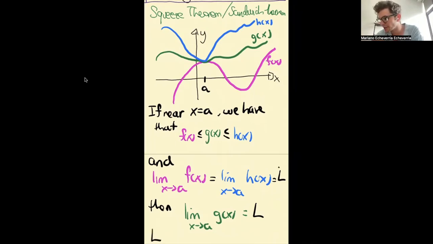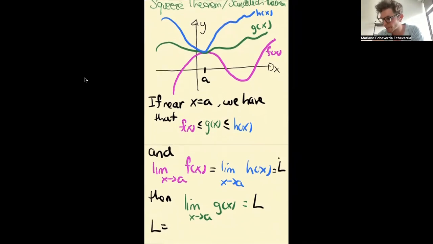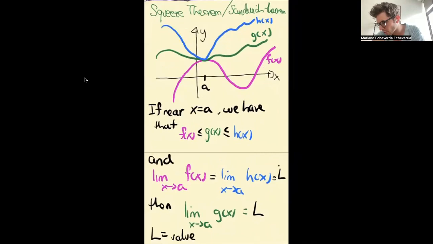Here L is the value of the limit. So it is a number, right? Because the value of a limit is a number. So what this is saying is that if you have an inequality and the extremes of that inequality have the same limit, that forces the one in the middle to have the same limit.